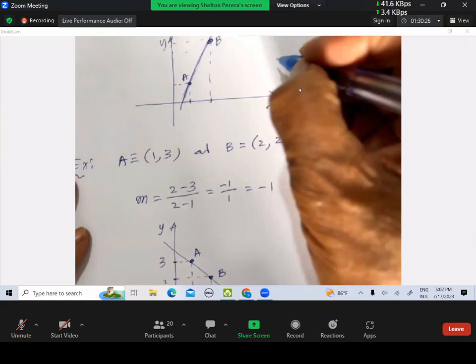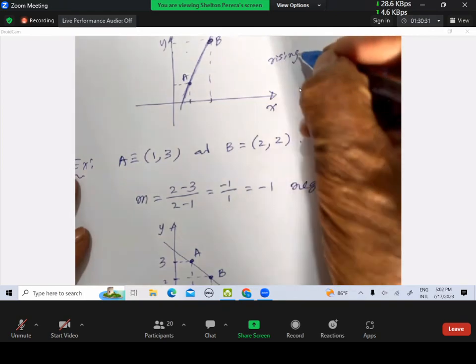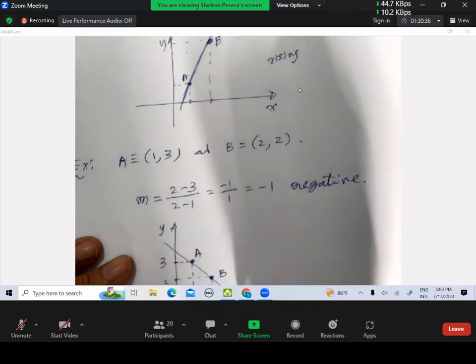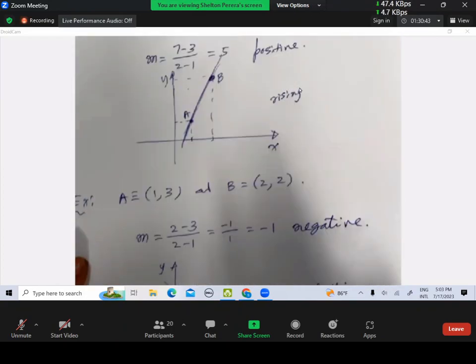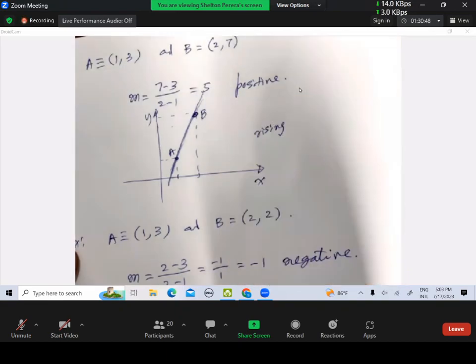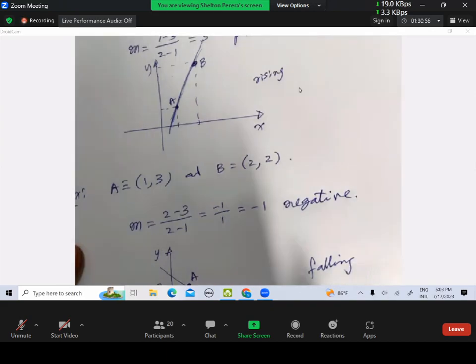This one is falling. As x increases, y coordinate decreases.